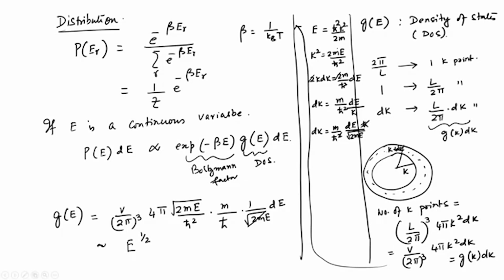So, it depends on energy. In certain cases, it may not depend upon energy, but that is besides the point. In most cases, it depends on energy, and in this particular simple case, we have shown that it depends on the energy as a square root of E. In fact, in 3D it is square root of E, in 2D it is a constant, and in 1D for this parabolic dispersion it is 1 by root over E, which means E to the power minus half. We will see some of them as we go along.